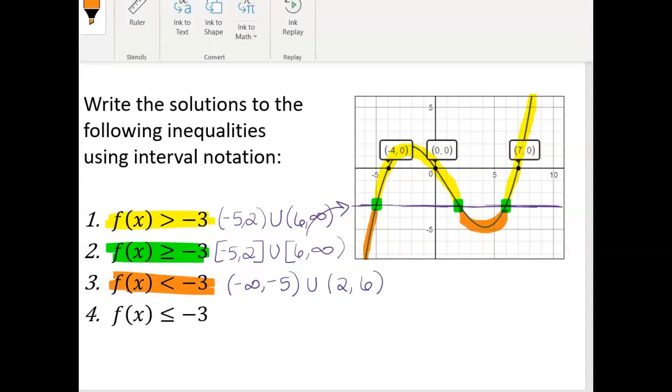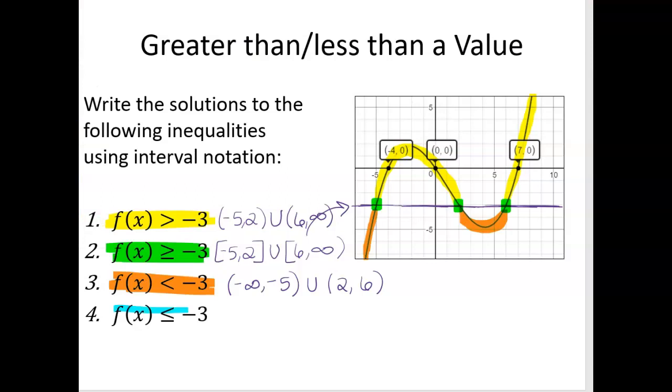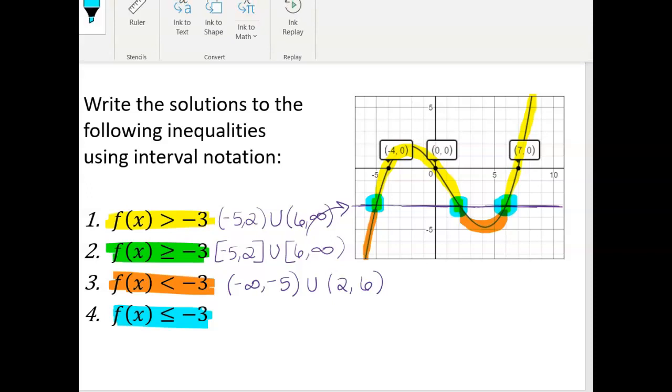Now let's go one more color here. Let's say we are going to use, we'll go light blue, okay, for this last piece. Well, now we're going to add these spots in on the axis because we're adding in that equal to part of the problem.